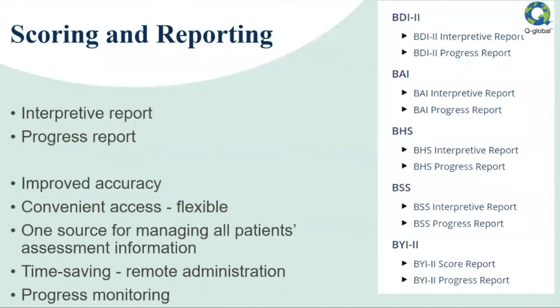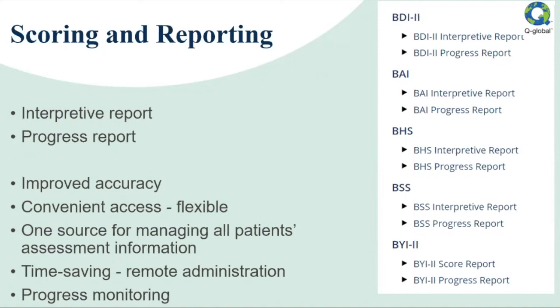All of the Beck assessments, except for the Beck Depression Inventory Fast Screen, have the option for an interpretive report or a progress report. The interpretive report includes examinees' responses to certain demographic questions. The assessment result includes the raw scores, the T-scores, percentile ranks, and diagnostic ranges.